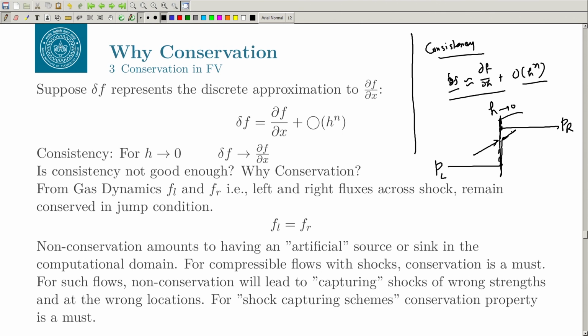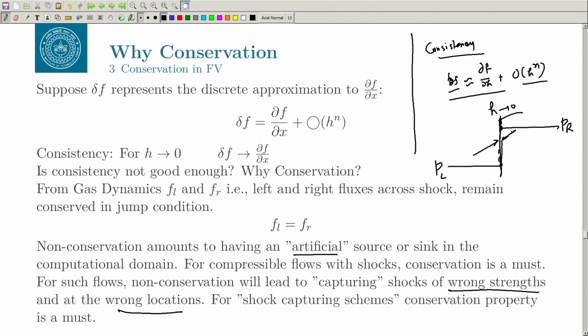If you do not have a conservative scheme, then you will get something called an artificial source or sink in the computational domain, and that will make the shock behave in a very different way, which may lead to a non-physical shock, or shocks with wrong strengths or at the wrong location.